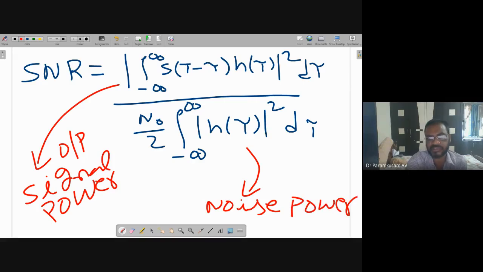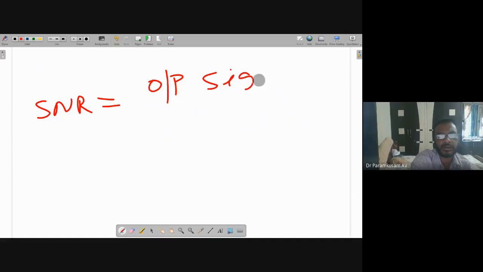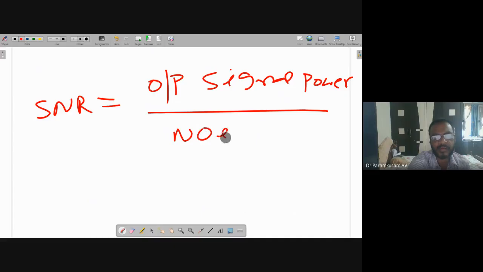What is the signal to noise ratio? SNR is the output signal power divided by the noise power.